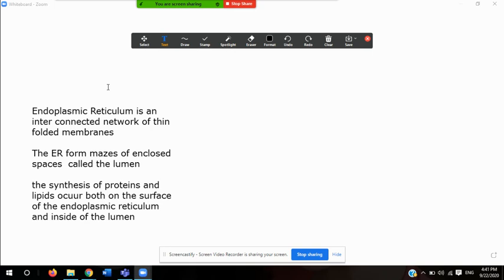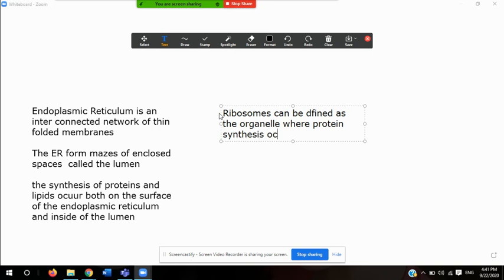For now, we're going to say that the ribosomes can be defined as the organelle where protein synthesis occurs. And again, this is a very vague definition of ribosomes.